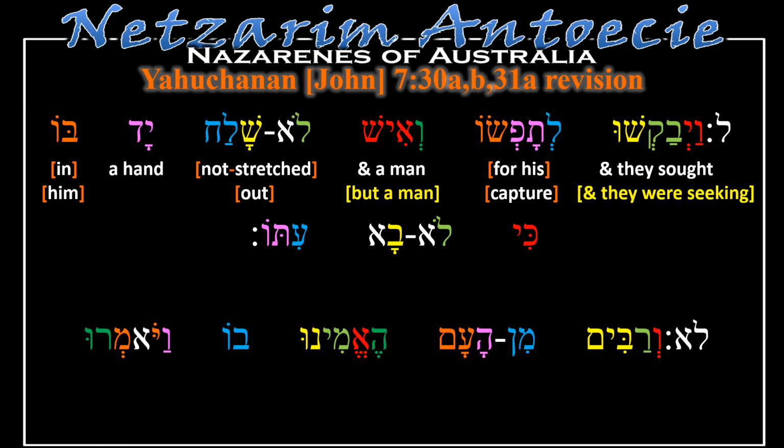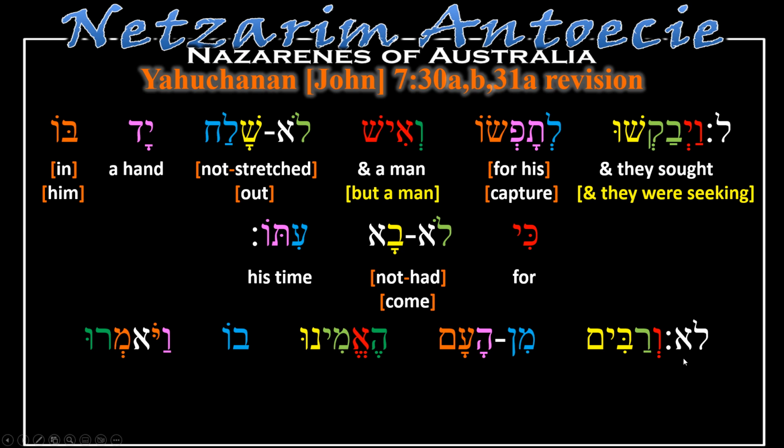Ki, for, lo, not, ba, it came, ito, his time. For not had come, that can be the same as it had come or it came, his time.